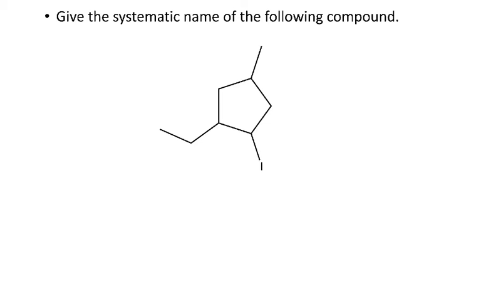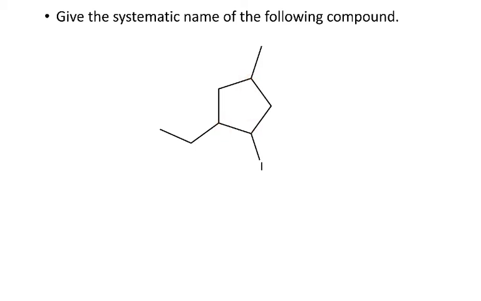Okay, last example. Now we have a cyclic compound. So I have 5, so this is going to be cyclopentane. I need to decide the numbering. And so remember, we want the substituents to be as low as possible. So if I were to start here at this methyl, I'd have substituents at 1, 3, and 4.